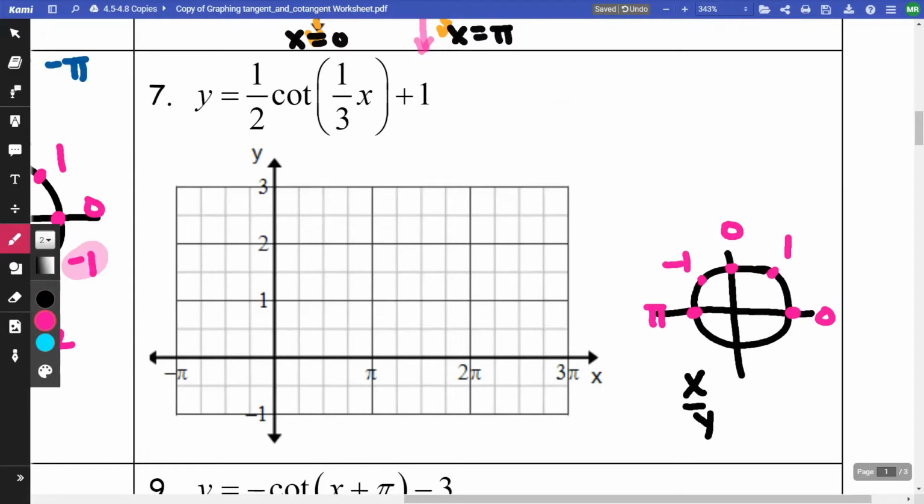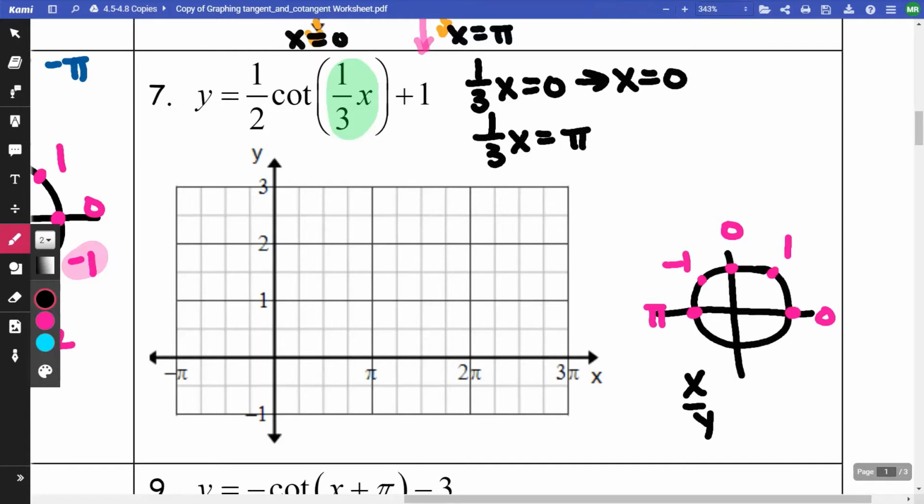So when I see that I have 1/3 times x, I am going to take 1/3 x and set it equal to 0, which means x is 0. And I'm going to take 1/3 x and set it equal to pi, which means I end up with 3 pi.